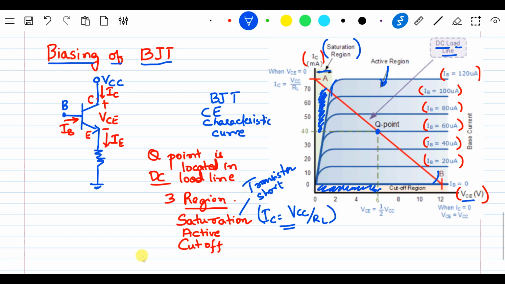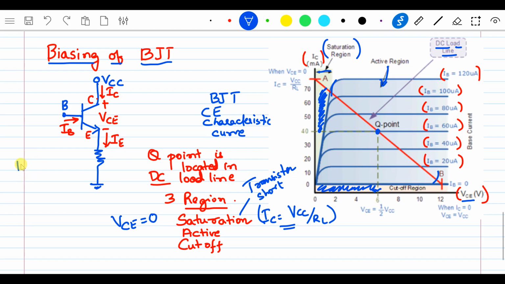At saturation, we also have another value: VCE equals 0. It means that the collector emitter voltage is 0. And I think this is very important. Let me tell in this video.